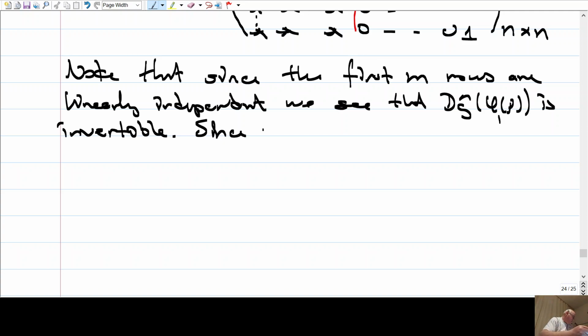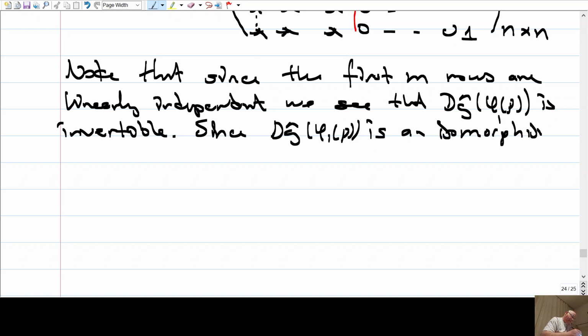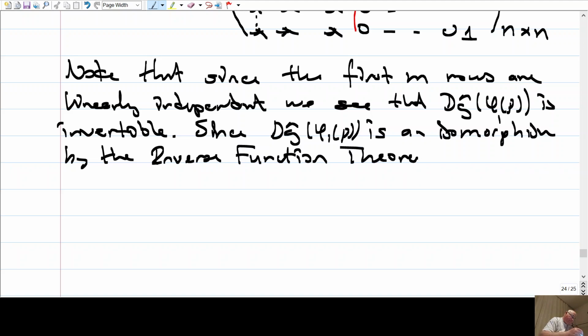Since G hat is an isomorphism, by the inverse function theorem, G hat is a local diffeomorphism.